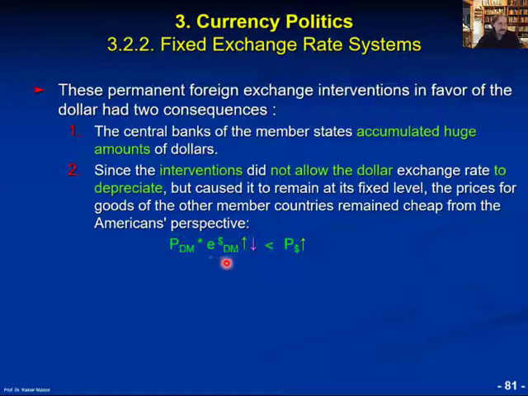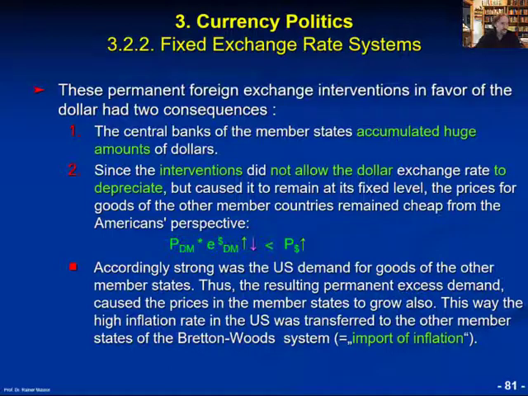The result of this Bundesbank intervention was therefore that the inequality of the purchasing power parity equation simply stayed, which means American prices stayed more expensive than European prices. So this disequilibrium did not disappear because of these foreign exchange market interventions of the German Bundesbank.